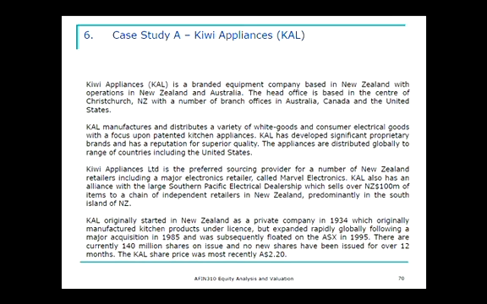And I'll just flick through some of the salient aspects. I assume you've got a chance to read through this. It's a wholesaler and supplies some of the main independent retailers in New Zealand. Note here there's 140 million shares on issue. It's listed on the ASX. This is important. The share price is $2.20.